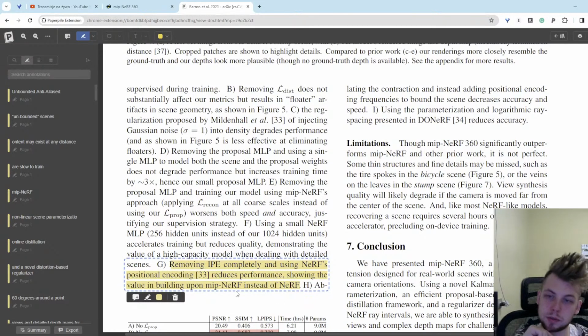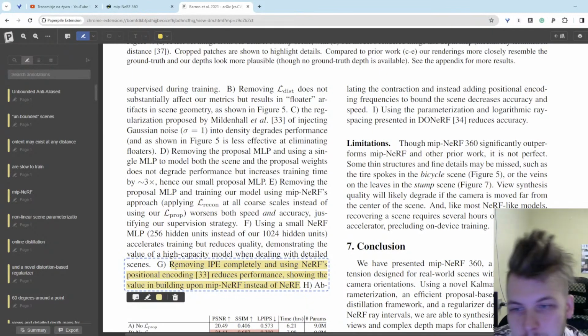But I think a big part of this paper is that they need to adapt to these Gaussians, but basically they just do this contraction, they do this proposal network, which helps, and they do this regularizer, and the regularizer, for example, is not really related to the Gaussian idea at all. So all of these tricks can translate to other embedding representations, which we are also going to see in Zip-NeRF, which is not using the IPE features as they are, but is using more of a hash grid of trained features as input.